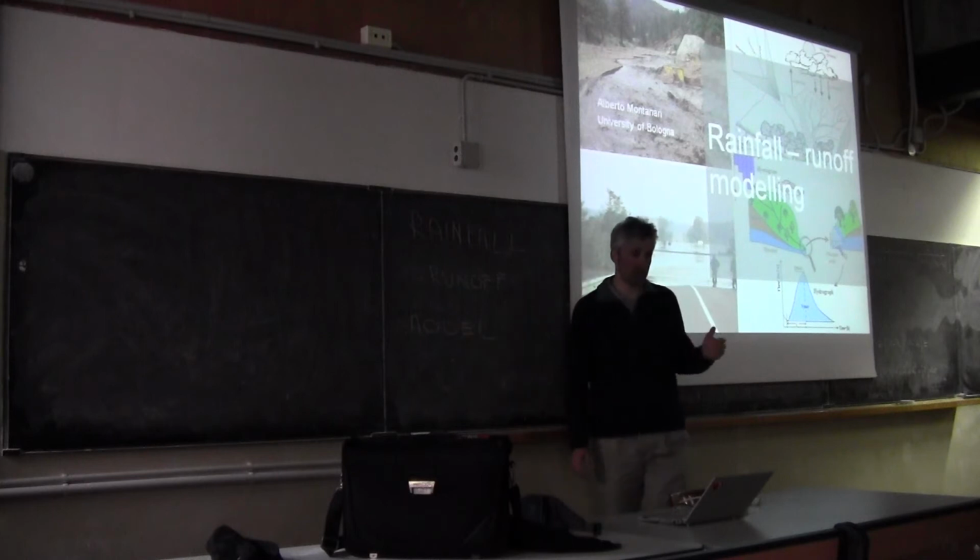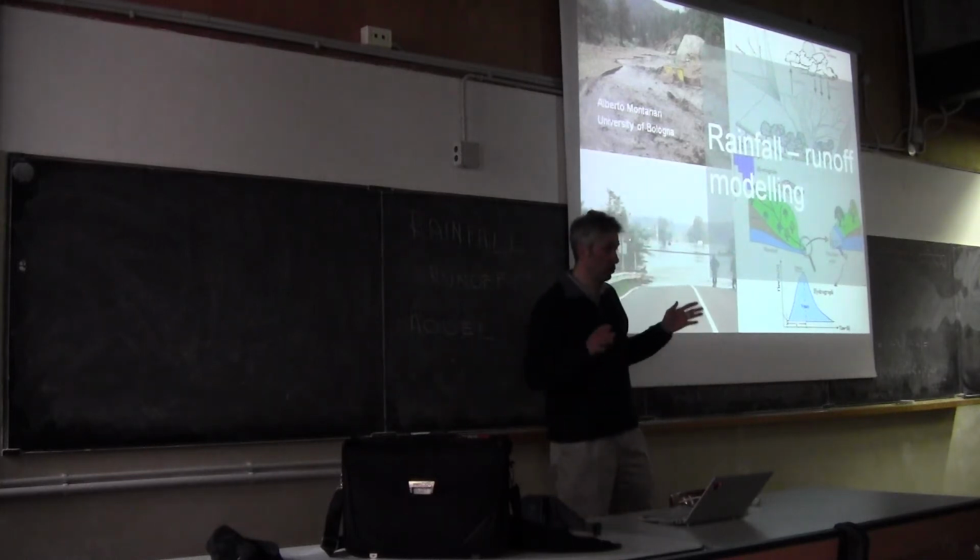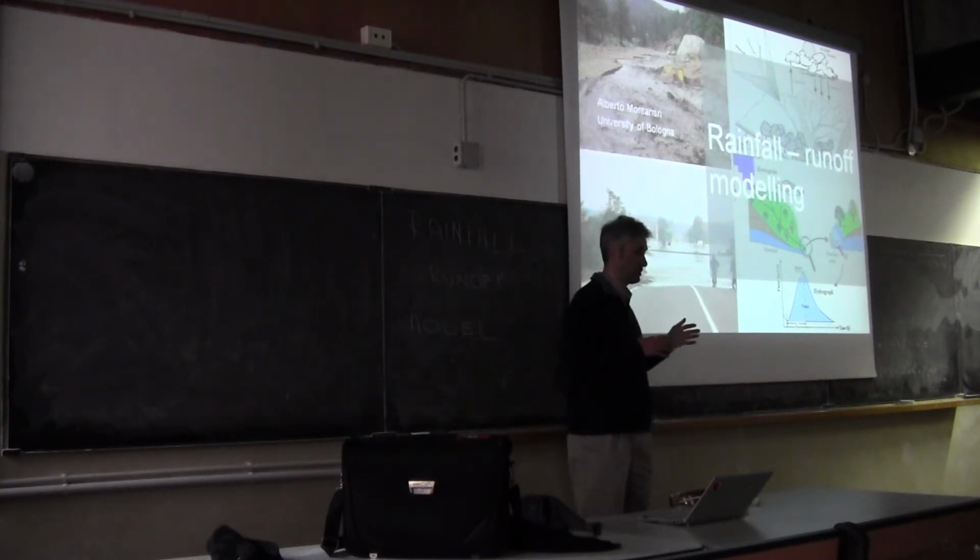I will use the terms watershed, basin, and catchment as synonyms. Basically, there are differences in American English and British English. Let's treat them as synonyms. My preferred term is catchment, but in any case, we can use the terms as synonyms.